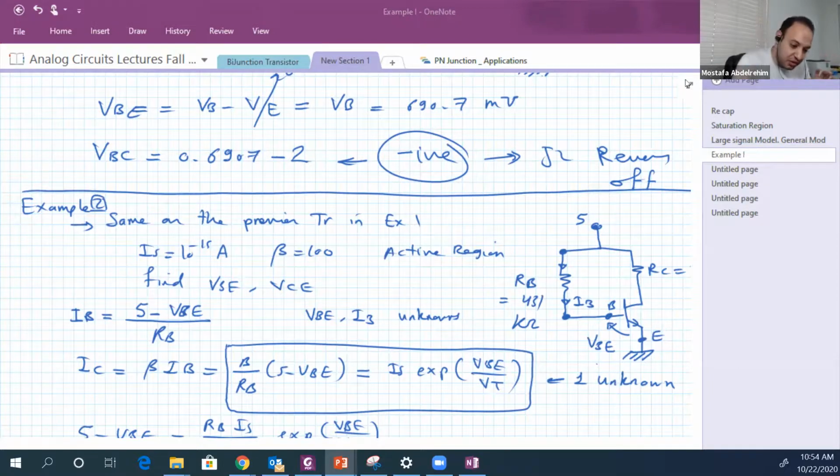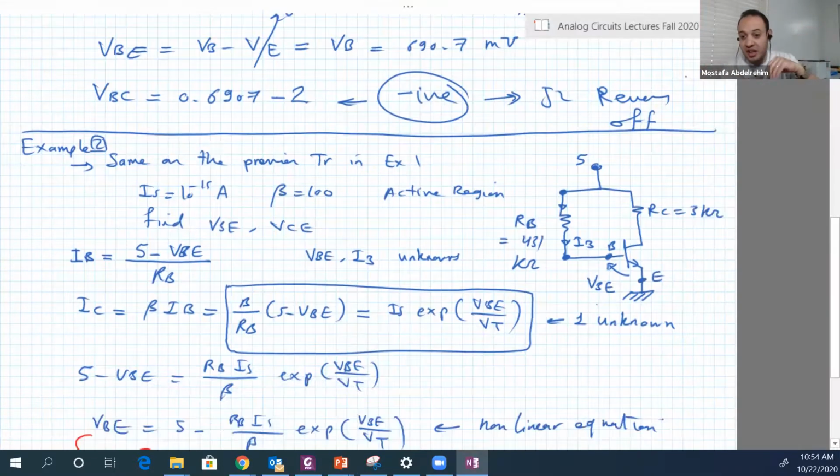Just like what we did with the diodes, we tried first the accurate model. We found that we will use iterations all the time. This will make our solution cumbersome, and it will consume time, although the solution will be accurate.